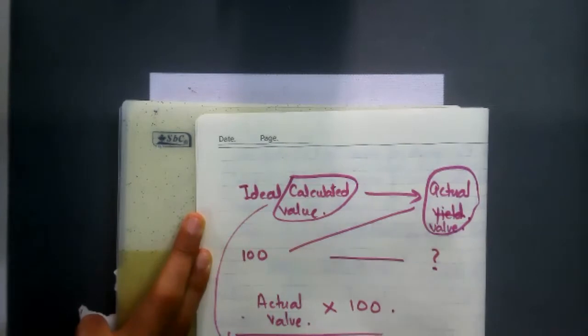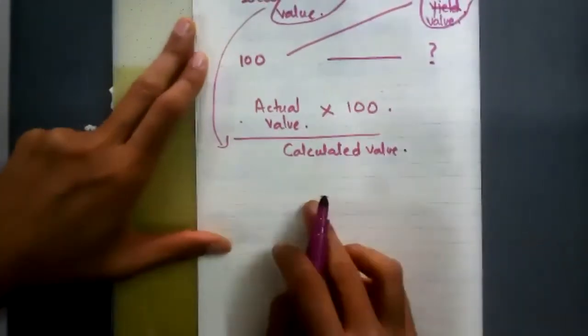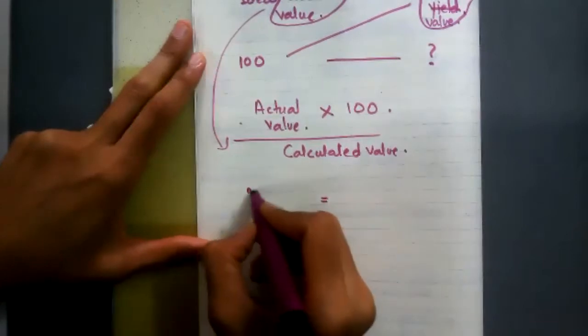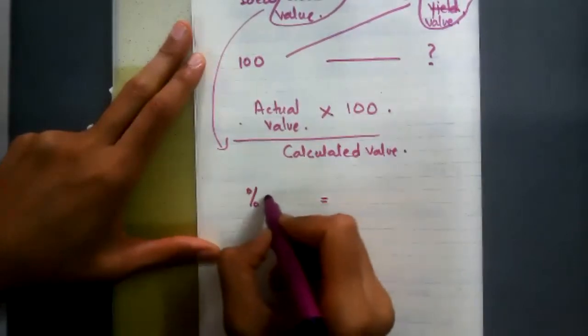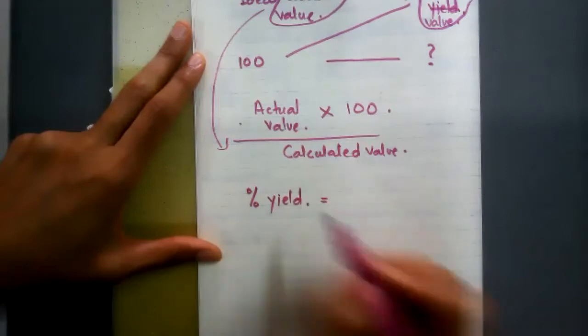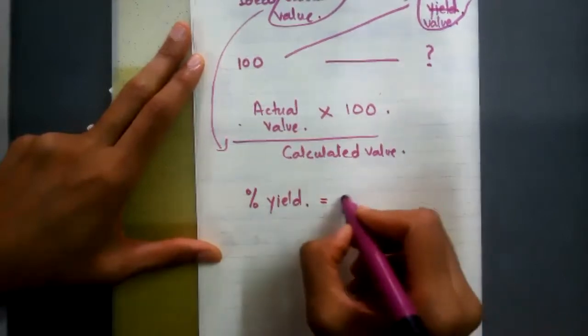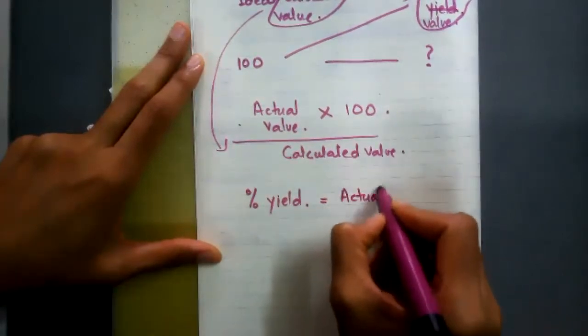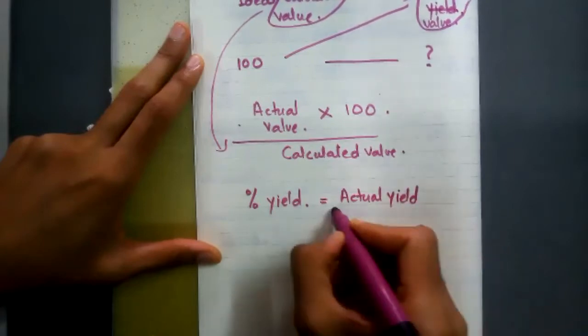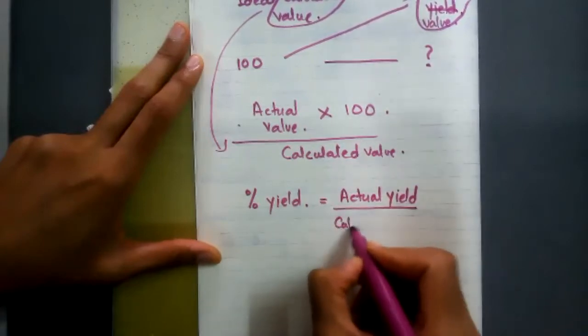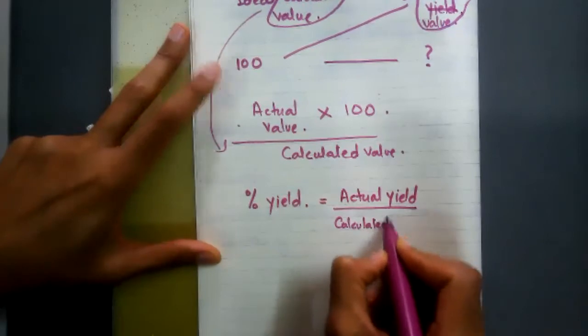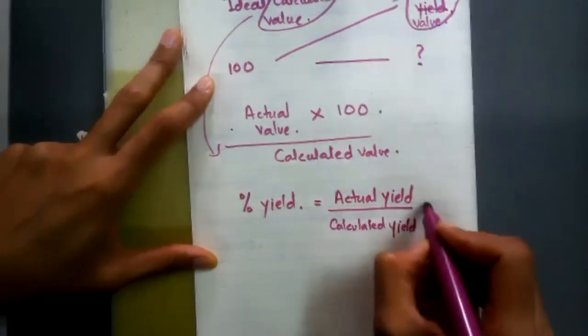So this is the formula for percentage yield. What is the formula for percentage yield? Actual yield divided by the calculated or ideal yield, multiplied by 100.